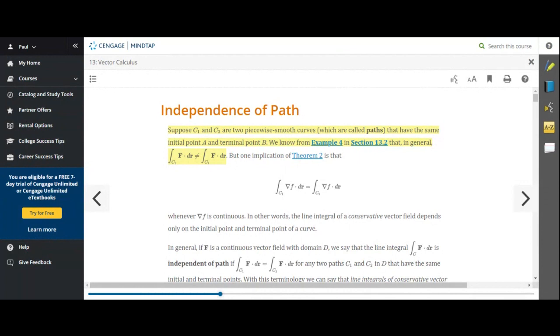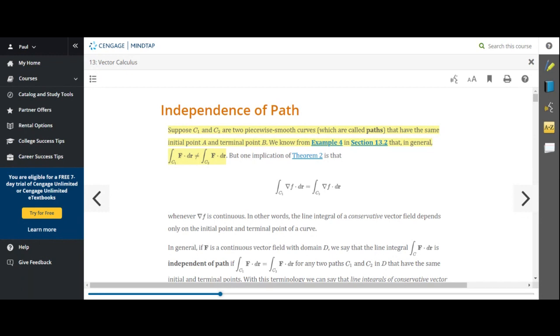Well, if you have two piecewise smooth curves, two paths that have the same initial point A and terminal point B, we know from example 4 in section 13.2 that in general the two line integrals of the vector fields along the different paths are not the same.